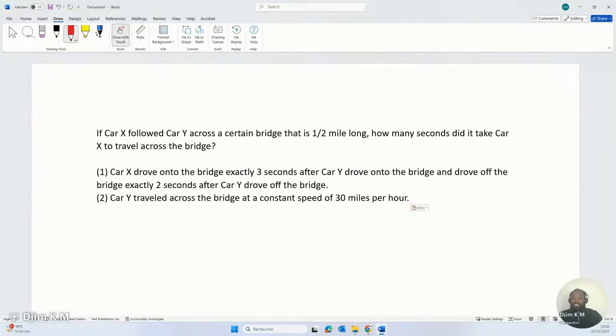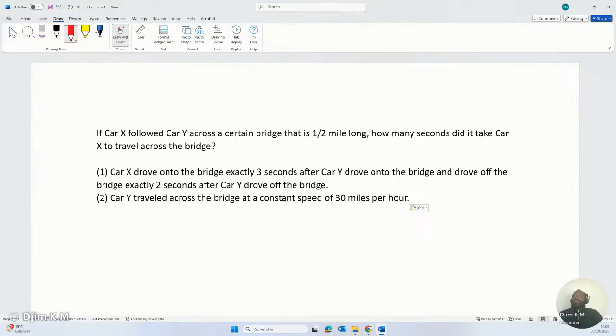Yes, so let's have a look at this question. If car X followed car Y across a certain bridge that is 1.5 mile long, how many seconds did it take car X to travel across the bridge? Car X drove onto the bridge exactly 3 seconds after car Y drove onto the bridge and drove off the bridge exactly 2 seconds after car Y drove off the bridge.